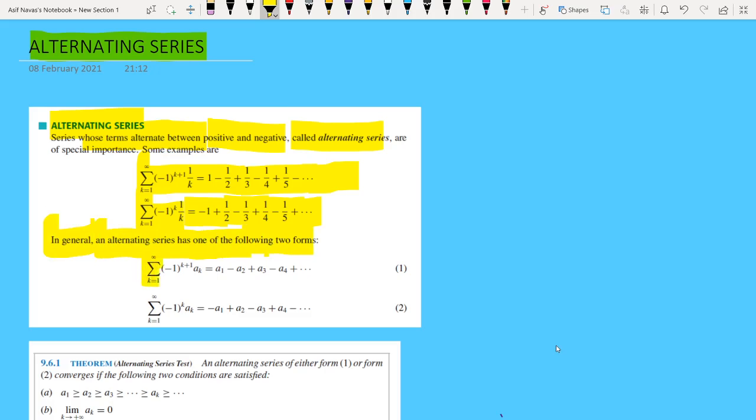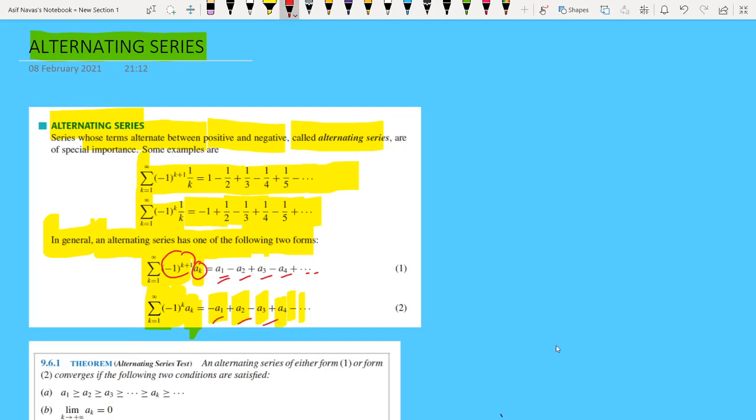The first one: sigma k equal to 1 to infinity of (-1)^(k+1) a_k, which is a1 - a2 + a3 - a4, etc. And the next form is sigma k equal to 1 to infinity of (-1)^k a_k, which is -a1 + a2 - a3 + a4, etc. That means the terms alternate between positive and negative.